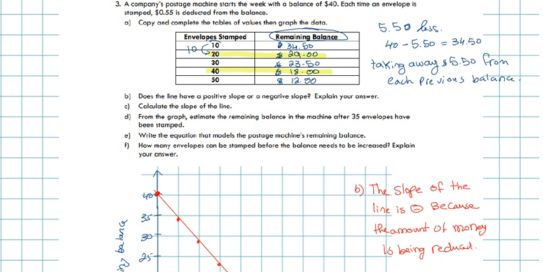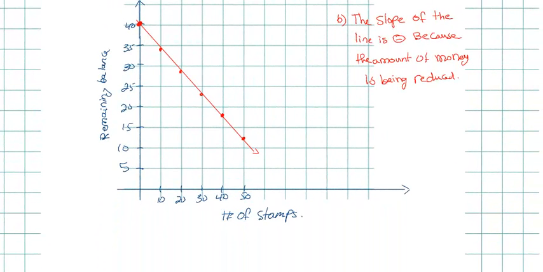So let's say if you did not get that, I can pick 2 points. And I can do this. So my 2 points are 20 and 29. And my other point is 40 and 18. Right?